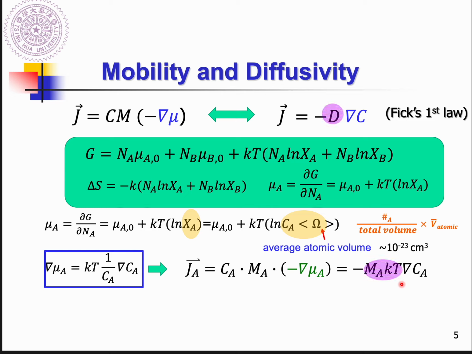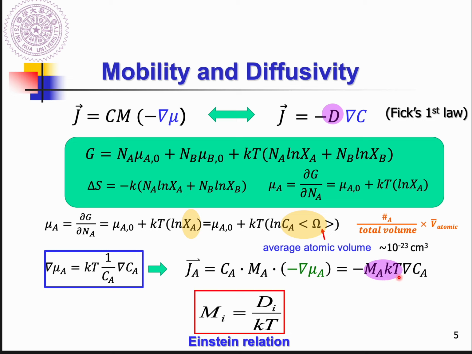Comparing these two equations, we know the diffusivity equals mobility times k, the Boltzmann constant, times the absolute temperature. So now we get a very famous relationship between mobility and diffusivity: mobility equals diffusivity divided by Kt.